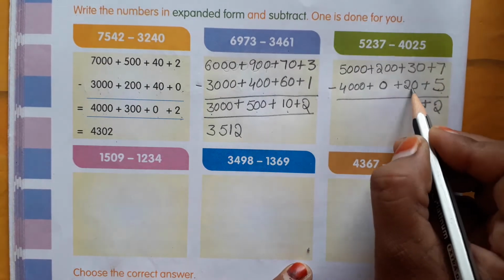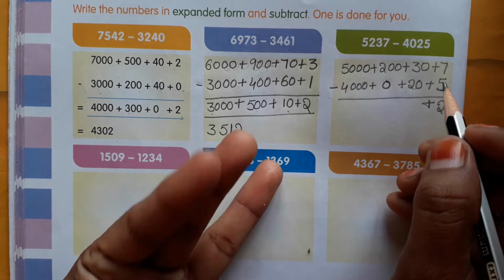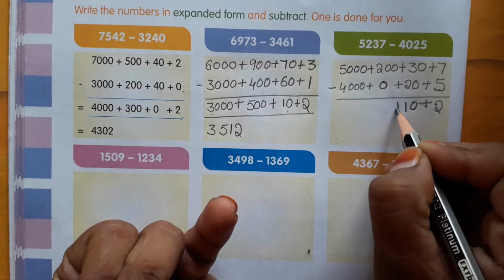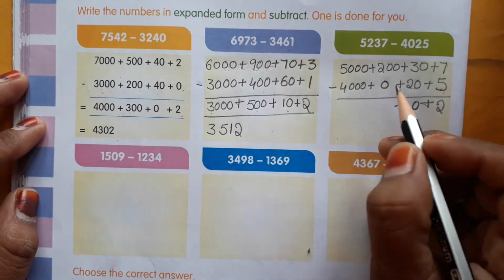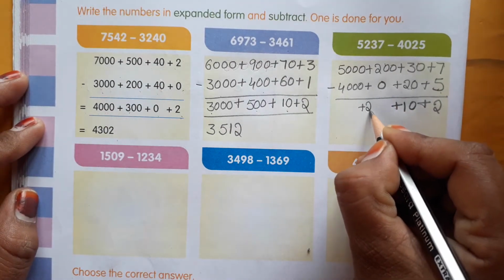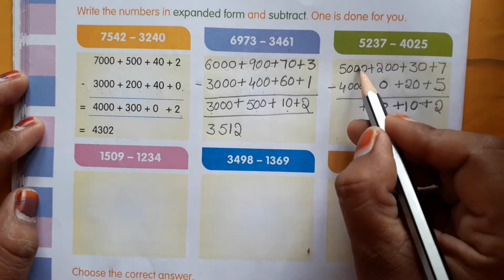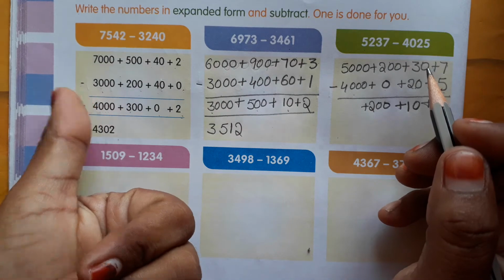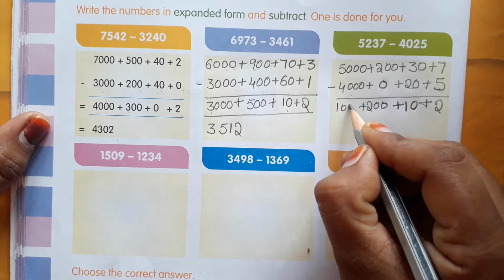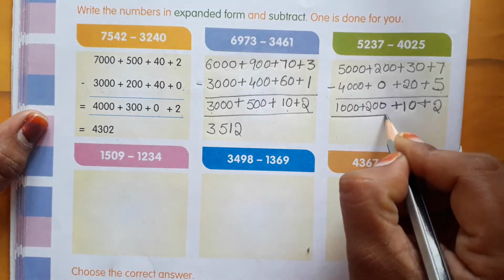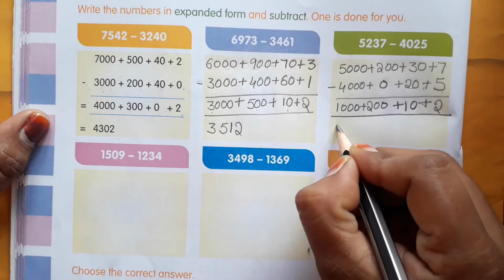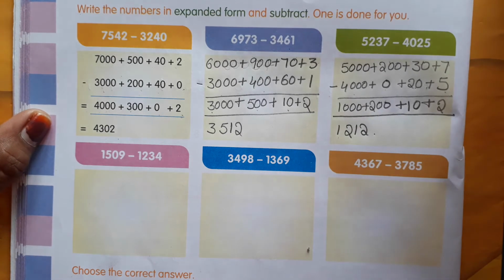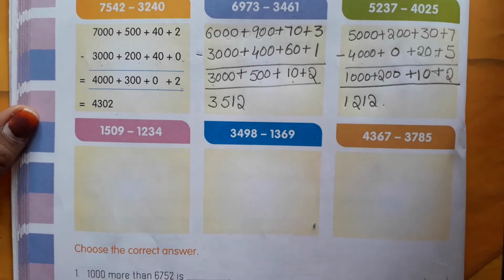Next 30 minus 20. How much? 10. 200 minus 0 means 200. 5000 minus 4000, 1000. 1212 is the answer.